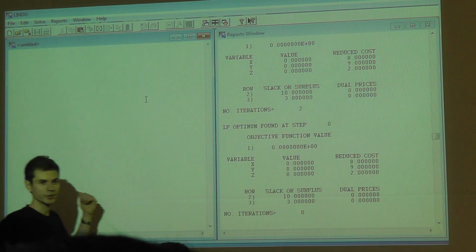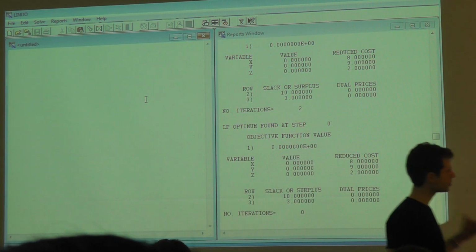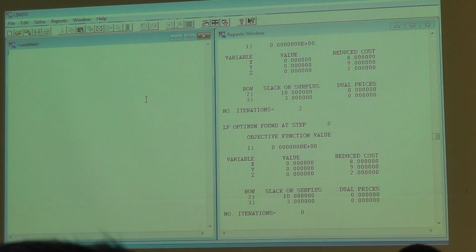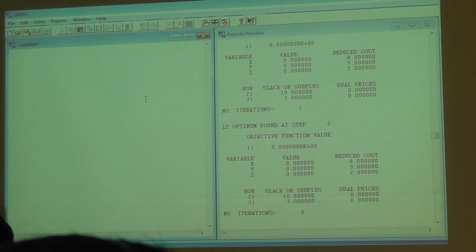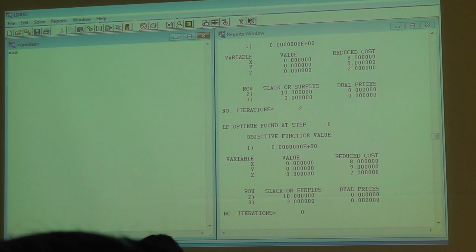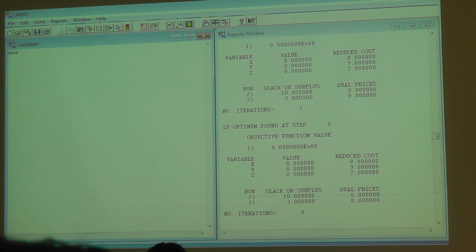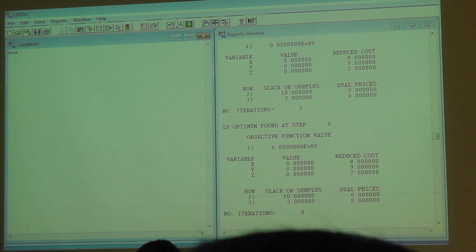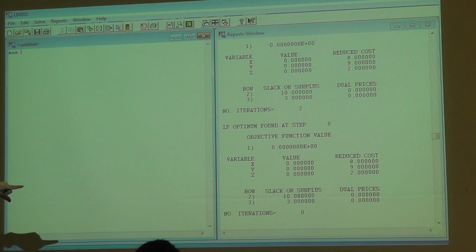Okay, so anyway, back to our problem. We want to maximize the profit. Let's start writing down what we want to do. We want to maximize the profit, which is 15 times the number of chairs, plus 20 times the number of tables, plus 10 times the number of doors.